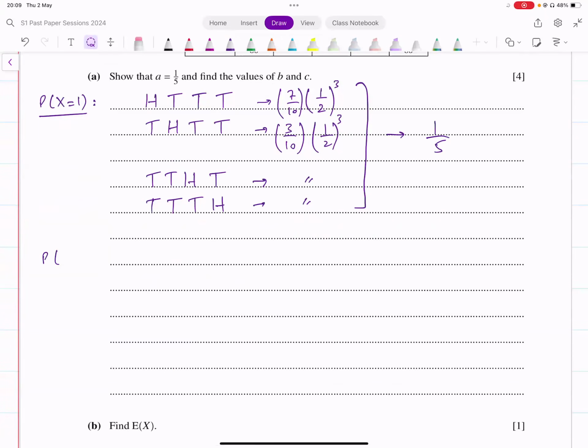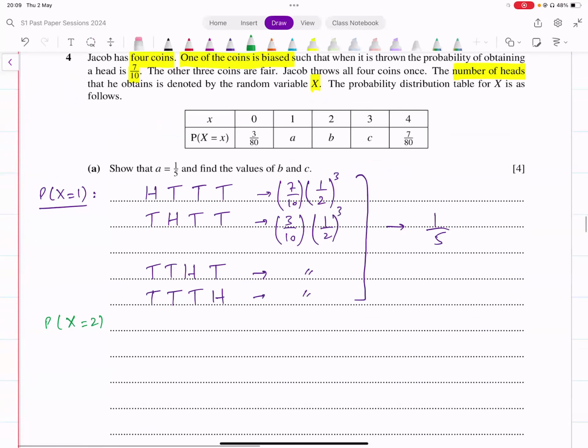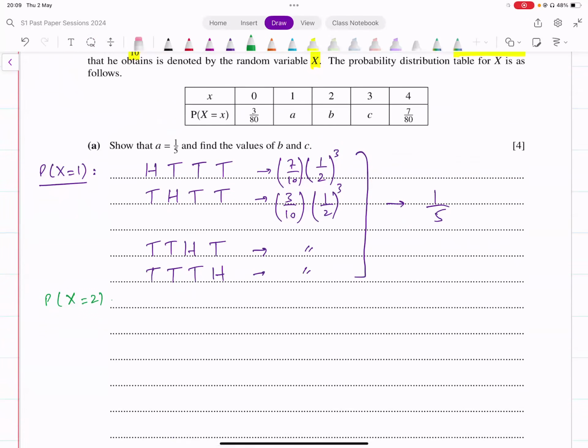Now, what about the probability of getting 2 heads? Let's think about that case now. When you have 2 heads, how can you get 2 heads? How is that going to be possible? It could be that the first one is heads and the second is tails. Or let's actually do it like this: heads, heads, tails, tails.